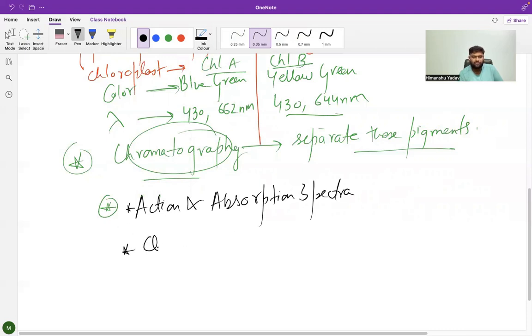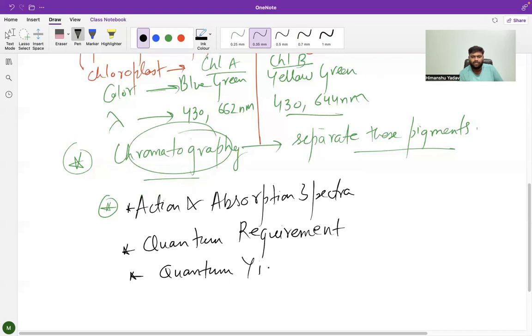Then there is quantum requirement, and then there is quantum yield.